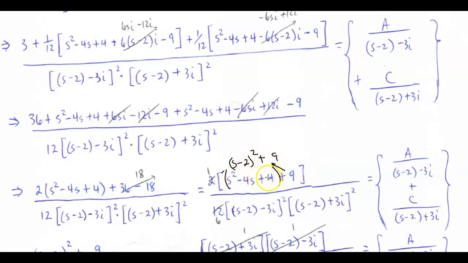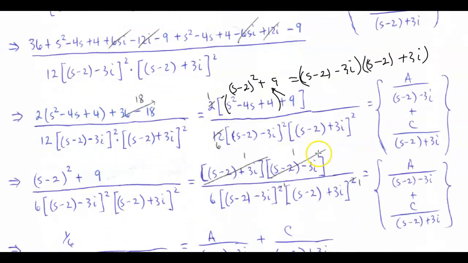Now, of course, we know that s minus 2 squared plus 9 is also this s minus 2 minus 3i times s minus 2 plus 3i when we factor it out. And so that's kind of what we're looking for here.